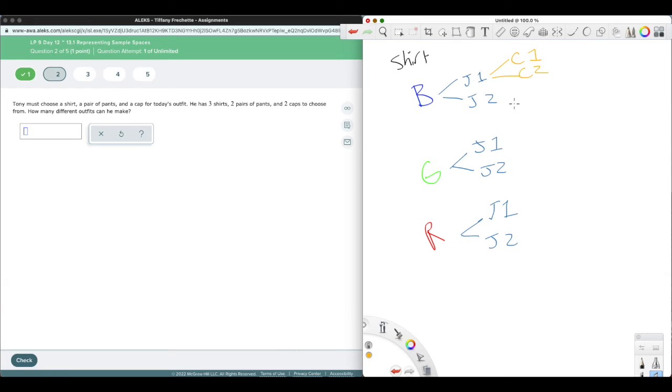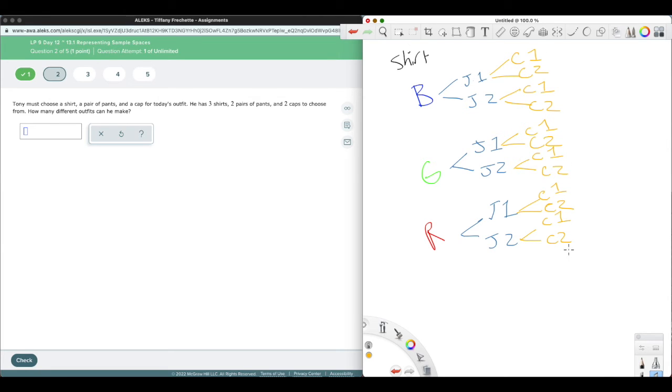If he did a blue shirt with the second pair of jeans, then he'd also have to decide which cap he was wearing. So you see how it's starting to get a little tedious to draw this out, right? Because each choice I have to add on to the previous choice. All the choices, not just one of them, but all of them. So we definitely have a bunch here, right?